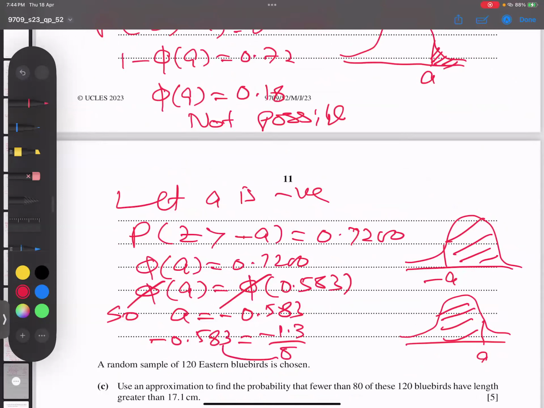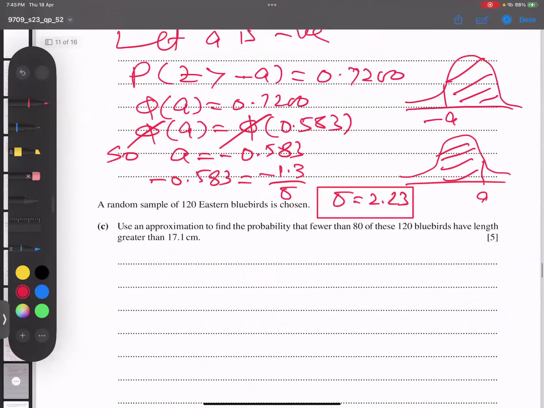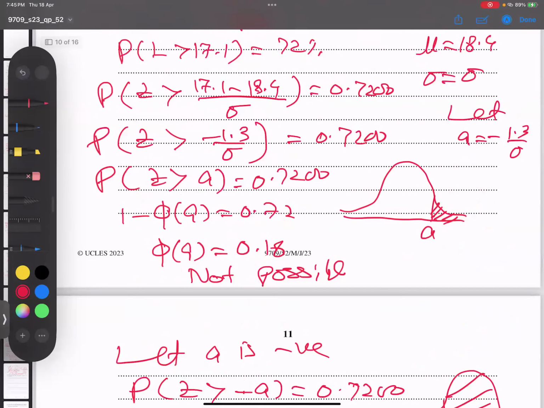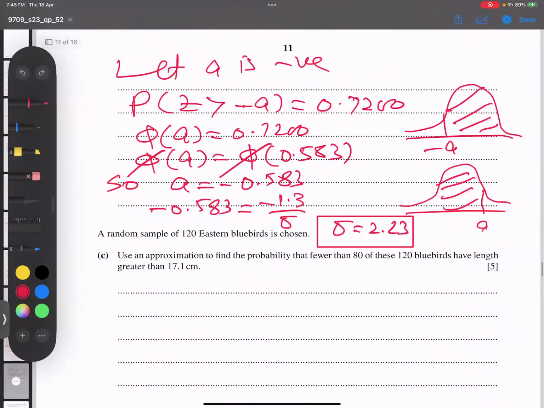Sigma goes there and it comes down, and after dividing I get sigma value 2.23. So I hope you got the point. This was the concept: if you don't show this working to the examiner, and you guess in the beginning that a is negative, so you make it here, no problem at all. Okay, so this is full marks.